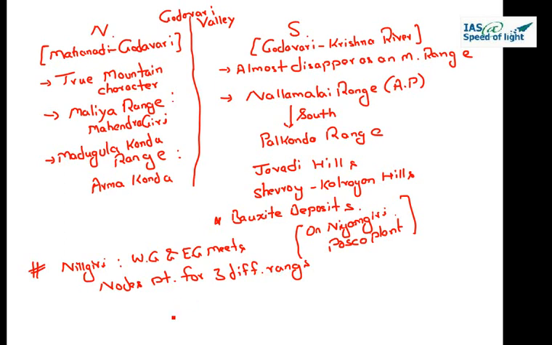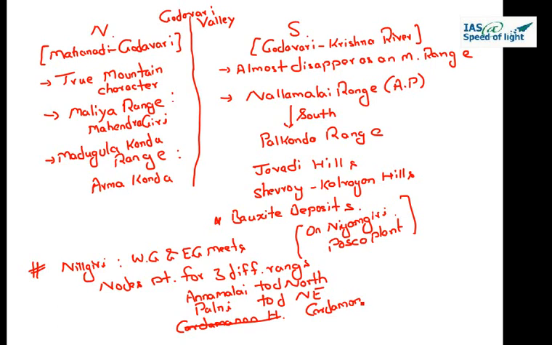The first one is the Annamalai, which is going to the north, we have Palani, which is going to the northeast, and the Cardamom Hills to the south. In which the Annamalai Hills are the highest, approximately 1800 to 2000 meters.